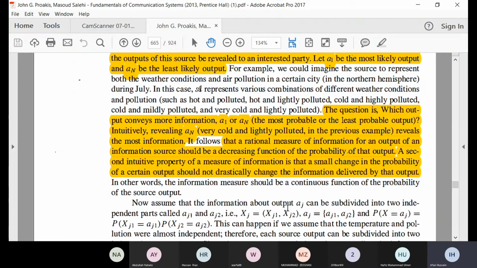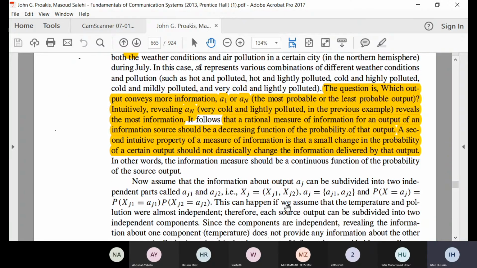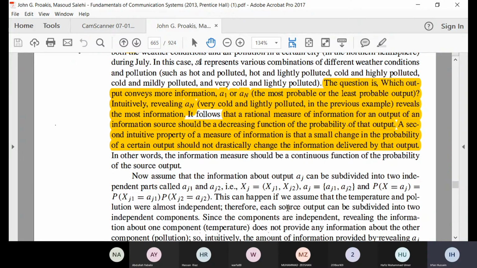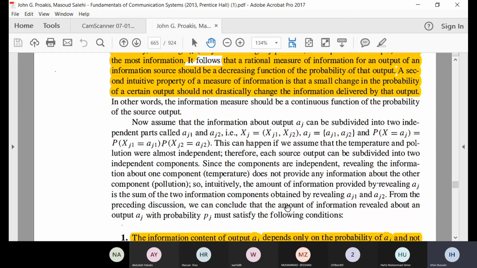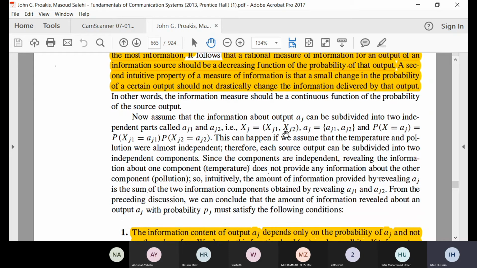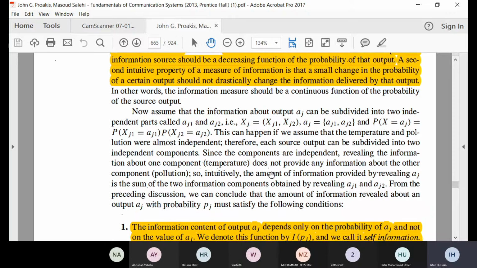And if we have some small change in probability, it should not change the information delivered by a large amount. Many times we can also divide our information into two sets. For example, here it was temperature and pollution, and they could represent independent sets of information, which might not be related to one another.